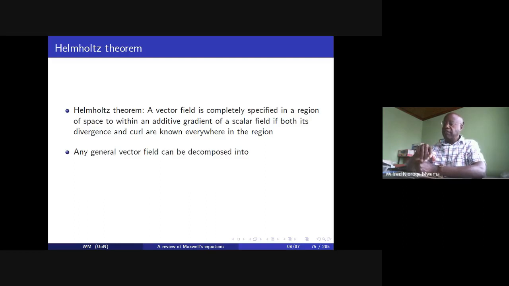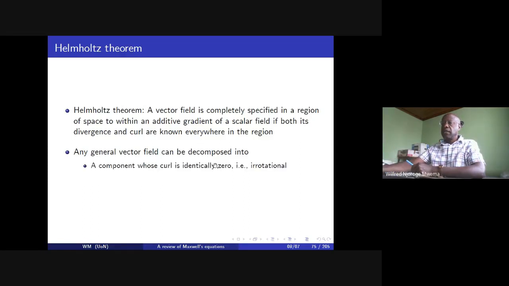Similarly, for the magnetic field intensity, we know that its curl is given by Ampere's circuital law, and its divergence is identically 0. And therefore, we know that the magnetic field is completely specified, and the electric field is completely specified if we know the volume free charge density in that region, according to Helmholtz theorem.